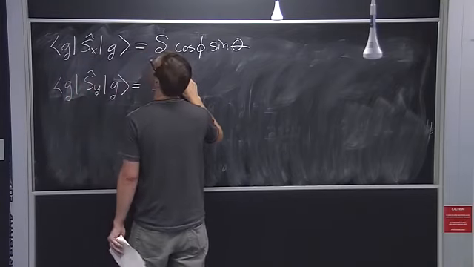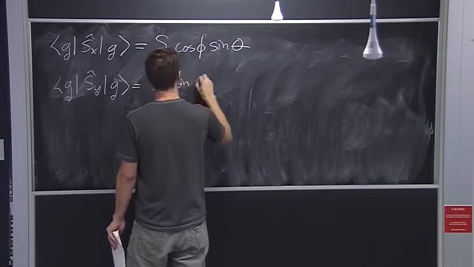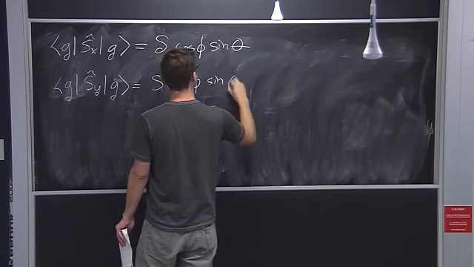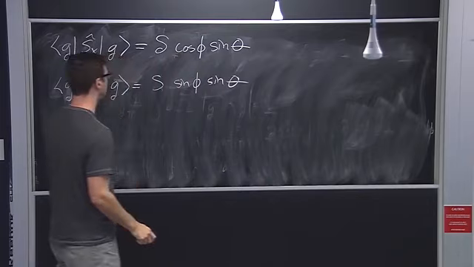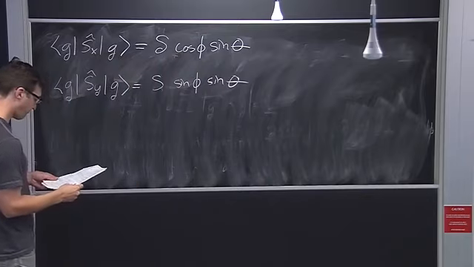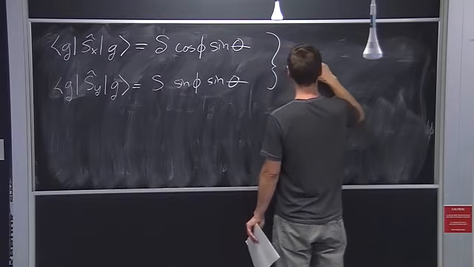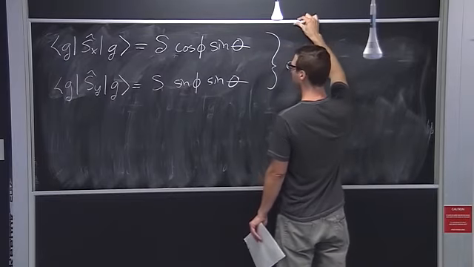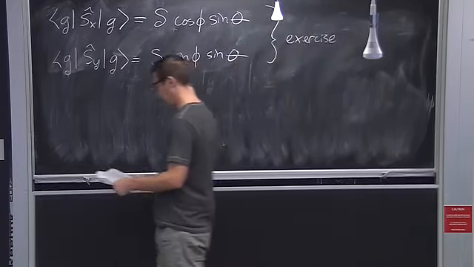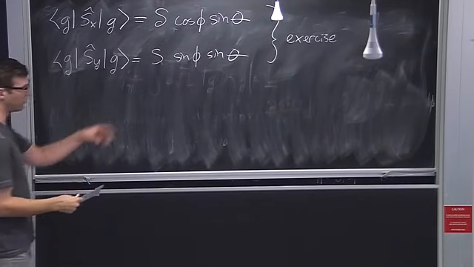So it should be cos, then it should be sine. You can do that when you're bored. Just write it out the way I did over there.